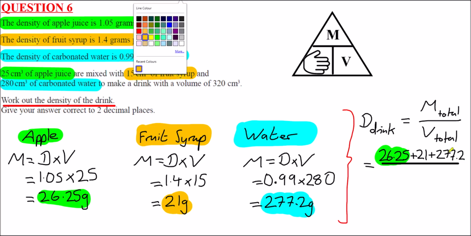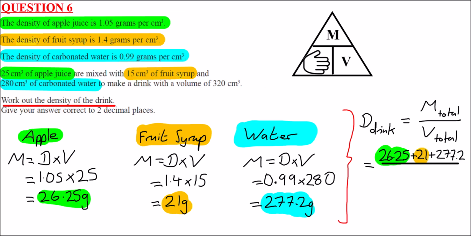This next one here was the mass of the fruit juice, and finally the mass of the apple juice. We're going to divide by the total volume. The total volume will be the volume of the apple juice, which was 25 cm cubed. The volume of the fruit syrup was 15, and the volume of water was 280.